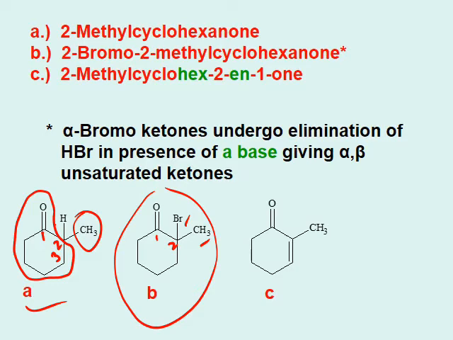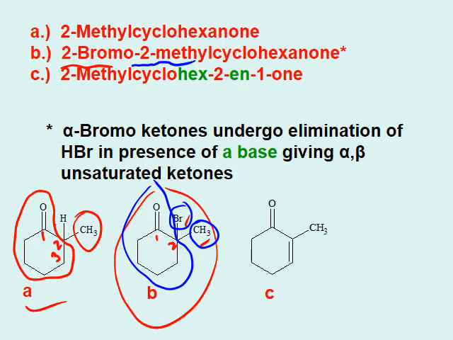So 2-bromo, then dash, 2-methyl. Always between number and letter there should be a dash. So this is 2-bromo, this is 2-methyl, the second location, so you have to write down that location twice for 2 substituent groups. Cyclohexanone, again you have cyclohexanone.